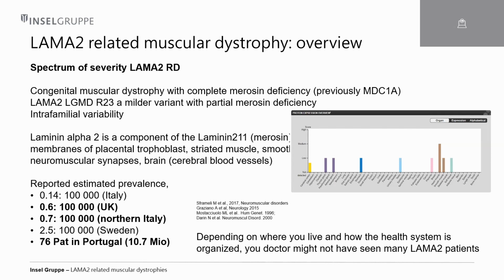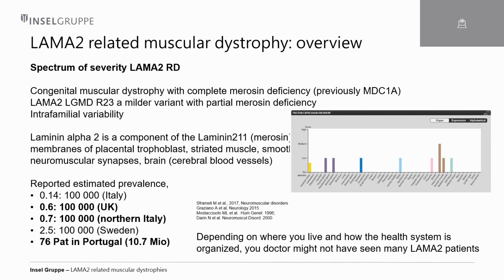Not only how frequent the disease is, but also how frequent is the severe form, how frequent is the less severe form, because that helps us to plan trials or to find the ideal population to actually test all these compounds that were just presented in the last talk.